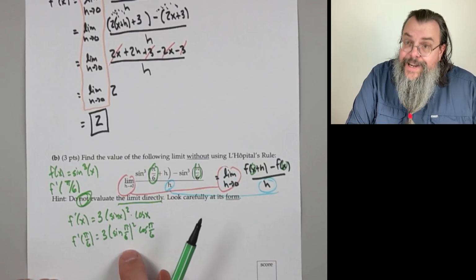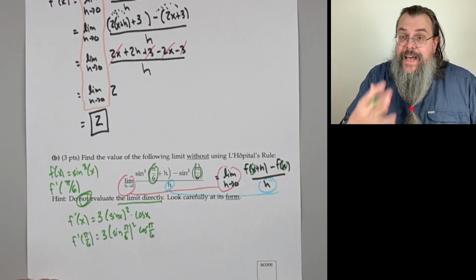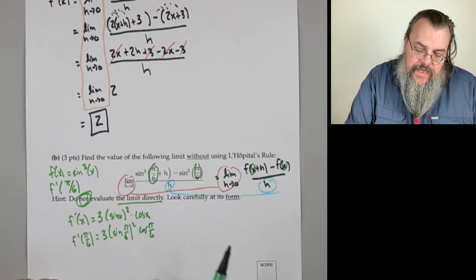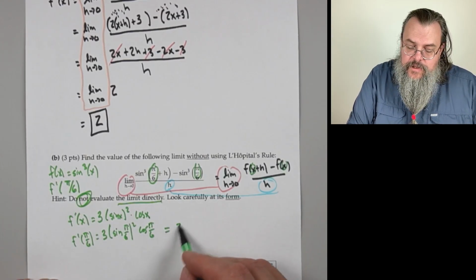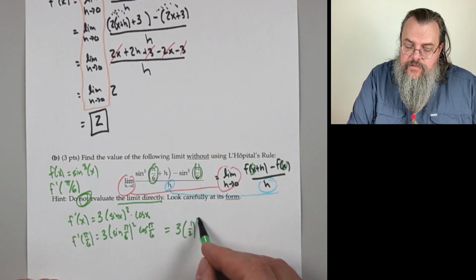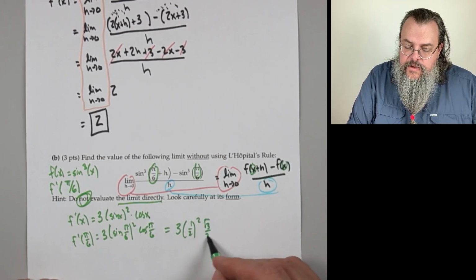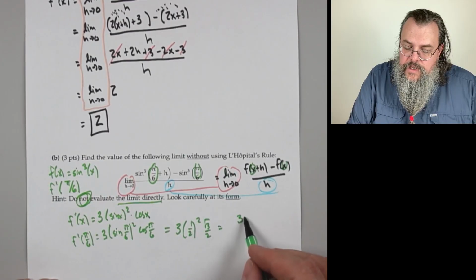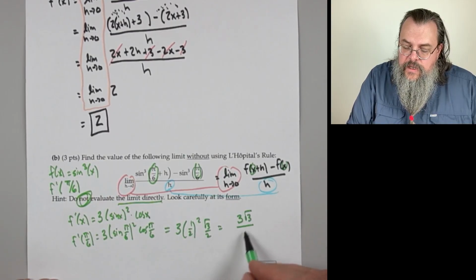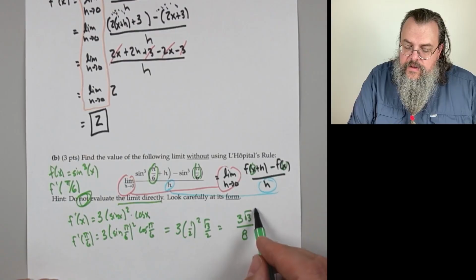Now, sine of pi over 6 is a half. And cosine pi over 6 is root 3 over 2. So this would be 3 times a half squared times square root of 3 over 2. And if we multiply that out, we would end up with 3 square root of 3 over 8.